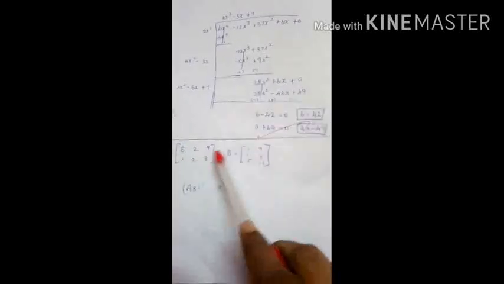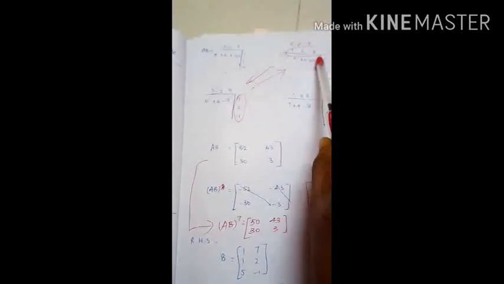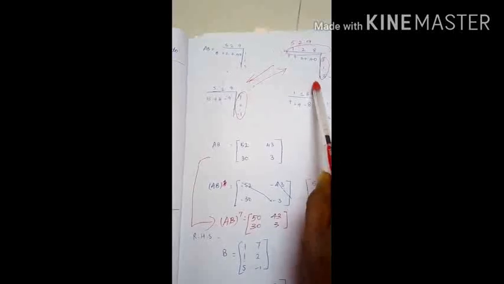Here in matrices, students tend to make mistakes while multiplying two matrices. In place of A11, we should have the product of the first row of the first matrix and the first column of the second matrix. A12: first row and second column. A21: second row and first column.